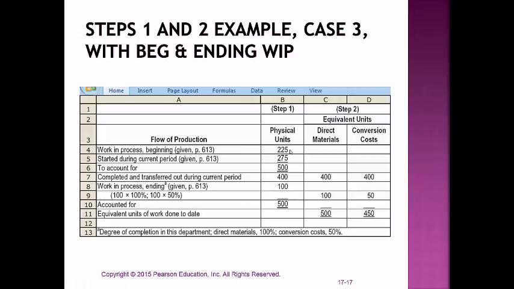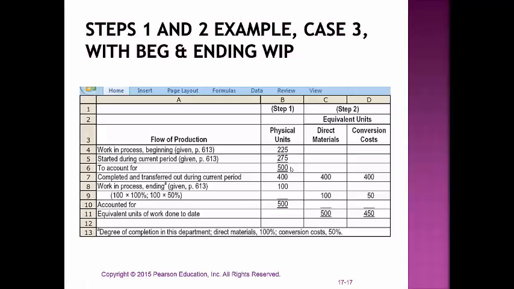Then we started an additional 275 units in this period. So apparently this is March, since the one we just looked at is February. Therefore, we have a total number of units to account for of 500. 225 plus 275 equals 500.